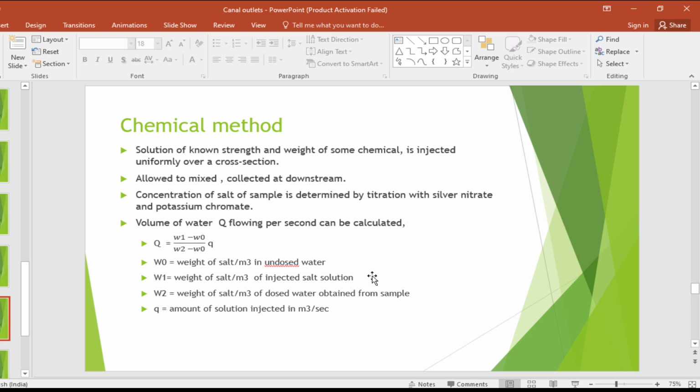Now by knowing the concentration of salt in the sample, the volume of water Q flowing per second can be obtained.